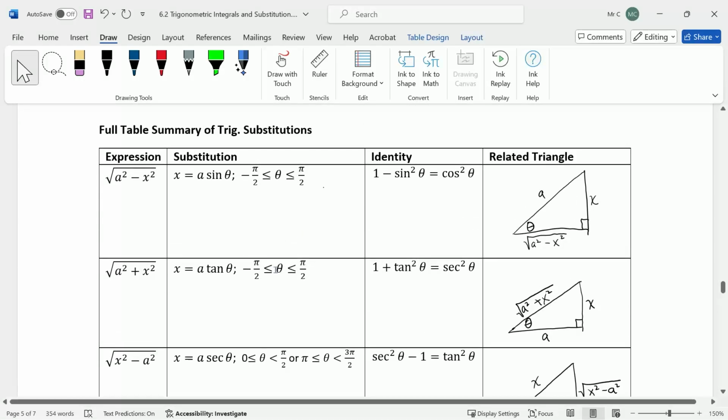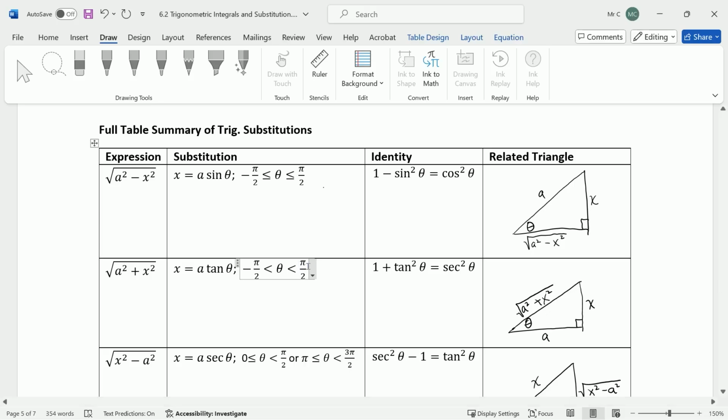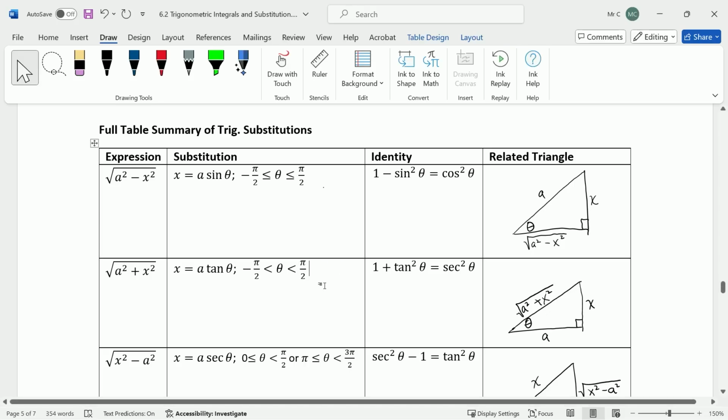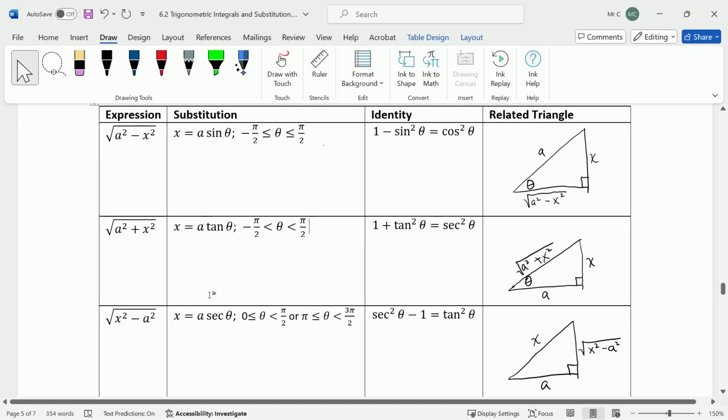Another typo though, that should be a strict inequality. There should be no equal sign there. Sorry about that. And for secant of theta, our substitution should be theta from 0 to pi over 2, including 0, and pi to 3 pi over 2, including pi.